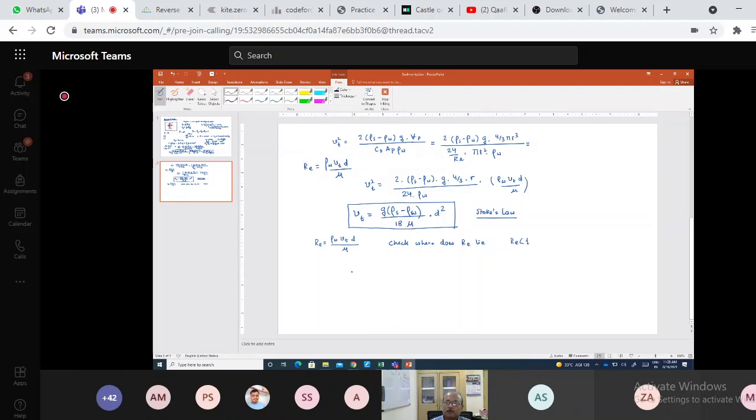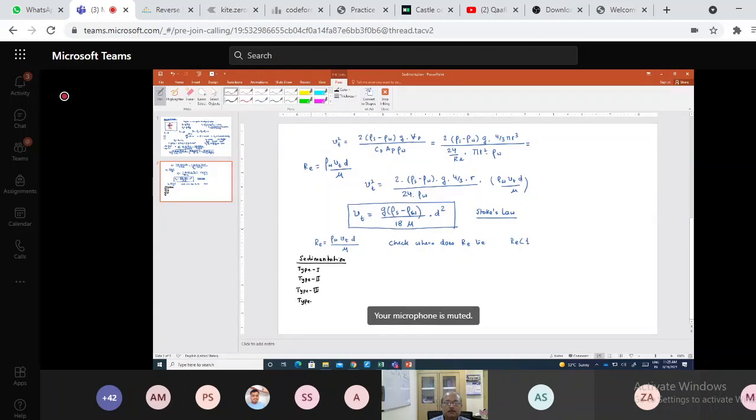Now, when you talk about sedimentation, sedimentation is all about settling. As you might know, we have four types of sedimentation: type 1, type 2, type 3, and type 4 as well.